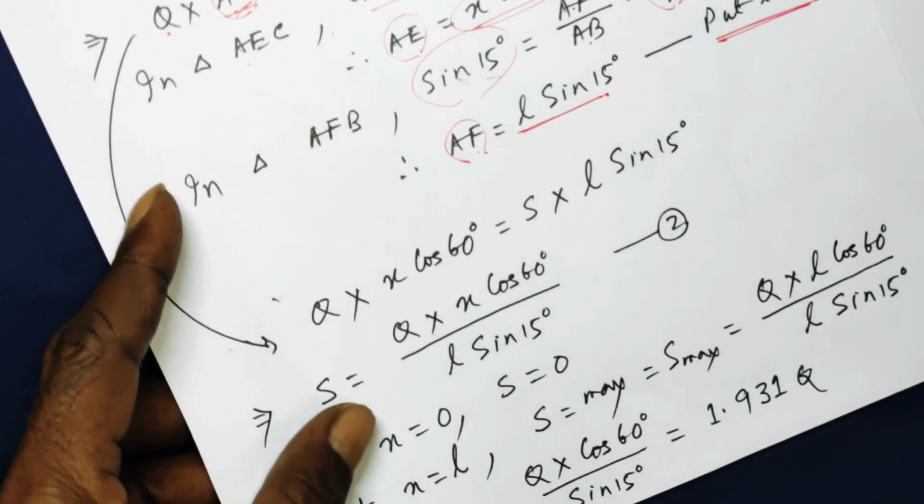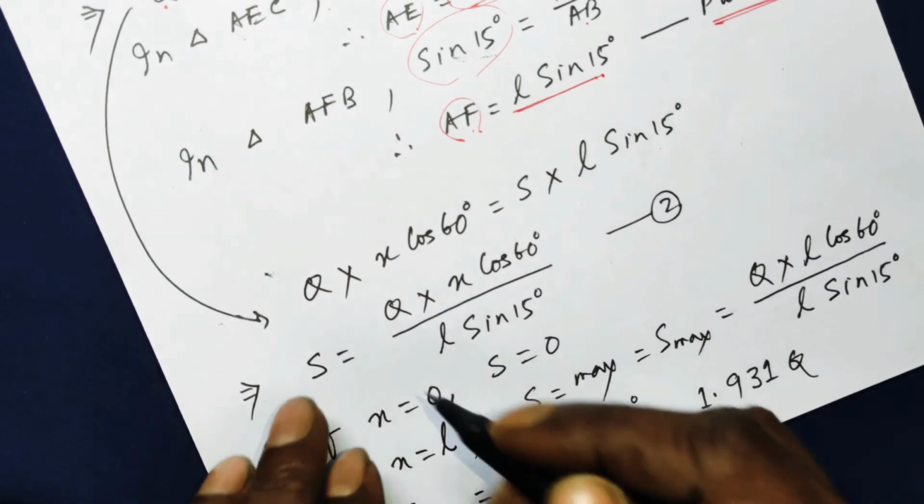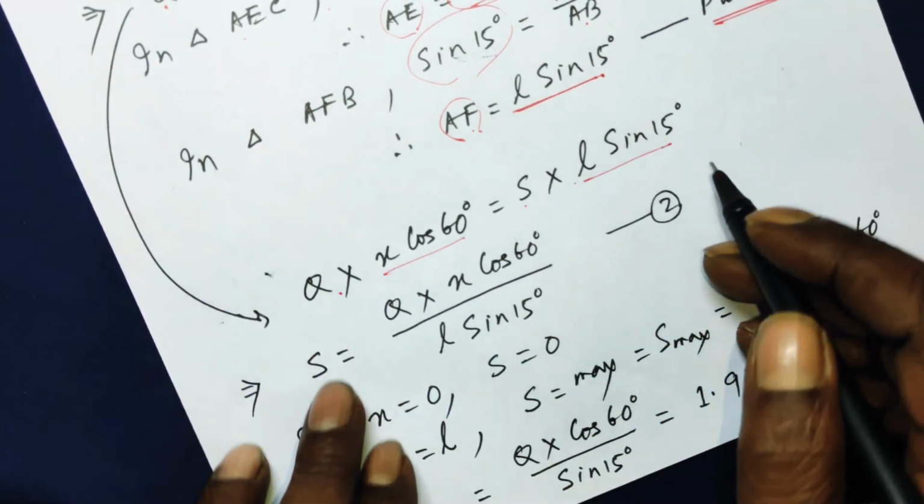So now the equation 1 has been reduced to Q times X cos 60 is equal to S times L sine 15.